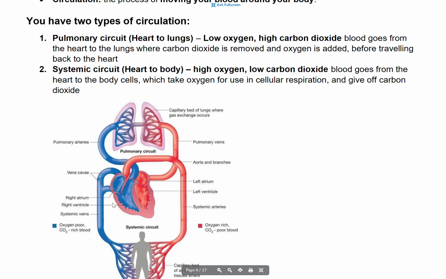We have your heart here in the middle, and the right side of the heart is filling with blood that comes from our body. And you can see that one side of the heart is blue, okay? And according to the diagram, this is oxygen poor, carbon dioxide rich blood. So basically your body's cells have taken all of the oxygen out of the blood and they filled it with carbon dioxide, right?